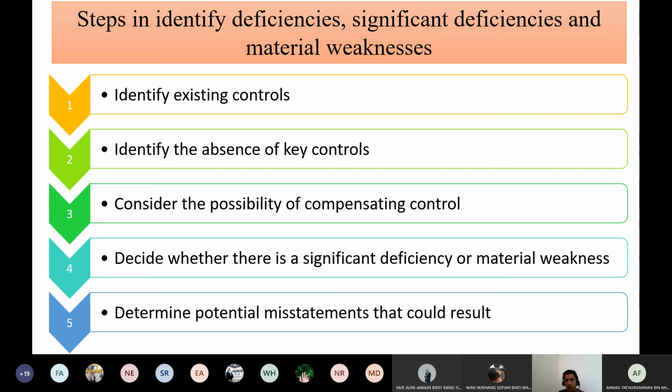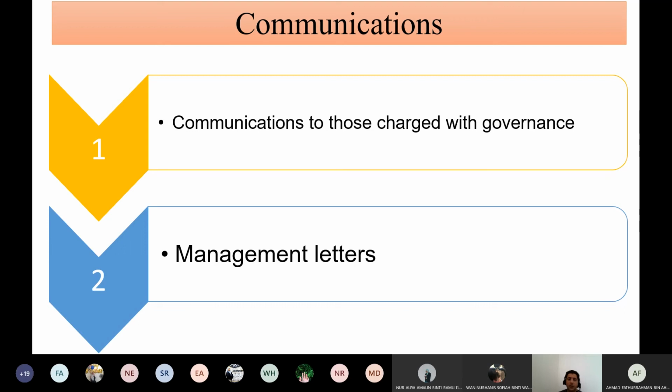We identify the existing control, evaluate it, and identify the absence. Then identify if there is an alternative control. And number 4, identify how significant these deficiencies or material weaknesses are. And lastly, determine the potential misstatement that could happen to the financial statement. Then we have 2 steps to communicate those risk assessments. First is communicating to those charged with governance, and number 2, we prepare management letters.